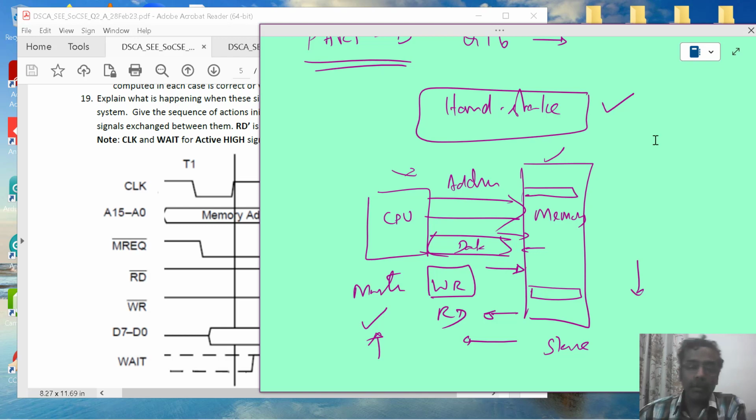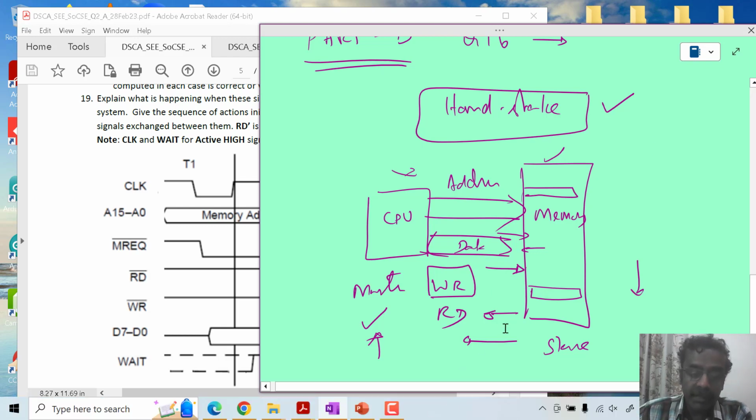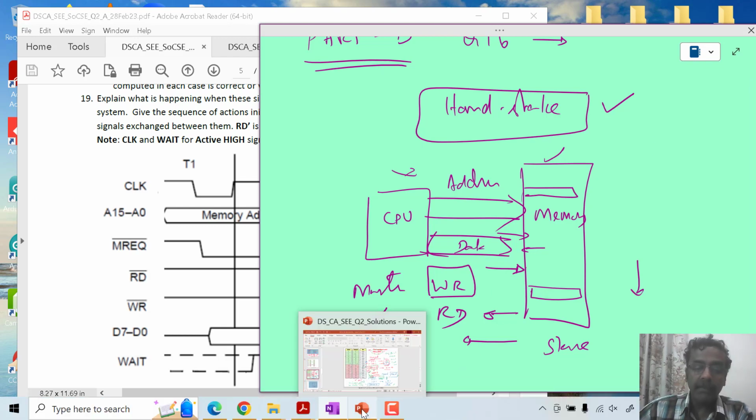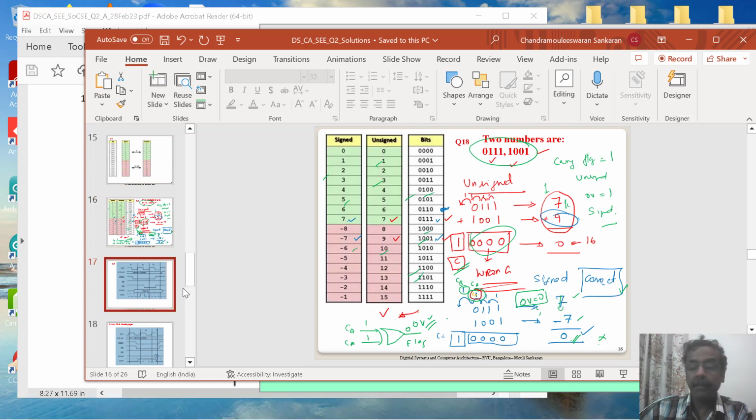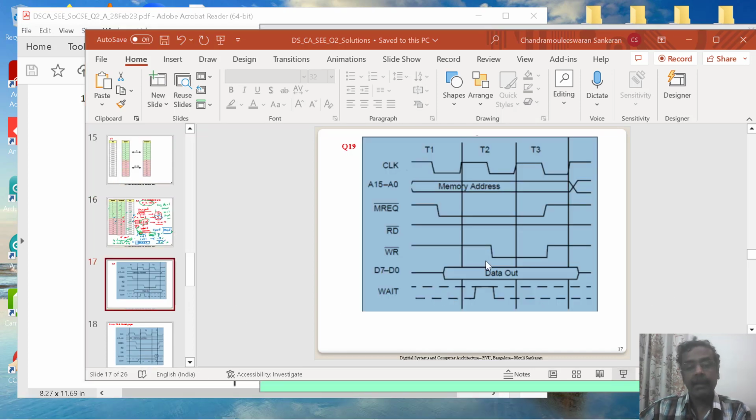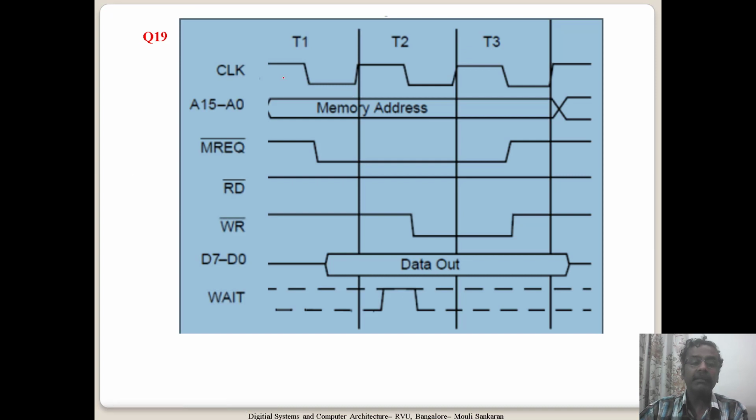So that's what I'm going to explain by going through these signals. You may be given different signals in the exam and you should be able to understand and explain them. Normally, what the values of the signals actually mean will be given, because without that you will not be able to understand it.